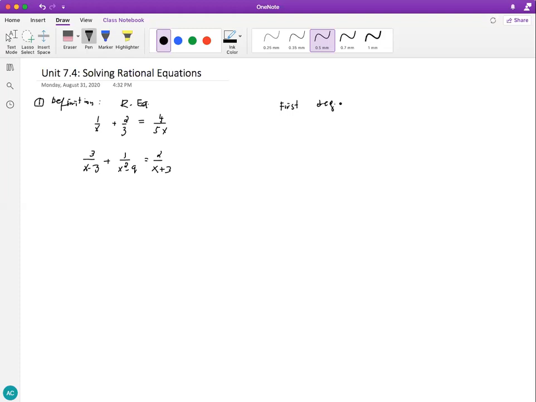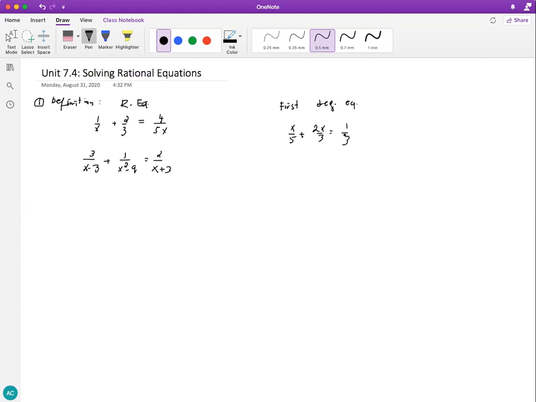If you remember, we did something like this in the beginning of this semester. So let's say you had x over 5 plus maybe 2x over 3, equals maybe 1/3. Okay, so this is a first degree equation.